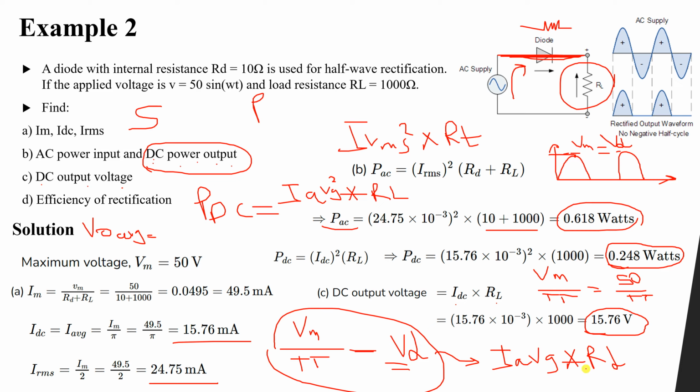Or simply you can apply this relation, DC output voltage will be average current multiplied by the resistance, which is much simpler than you think. In the end, if you just apply V max over pi, it will be approximately 15.9, which is very close to this. That's why the voltage drop is usually neglected across diodes.